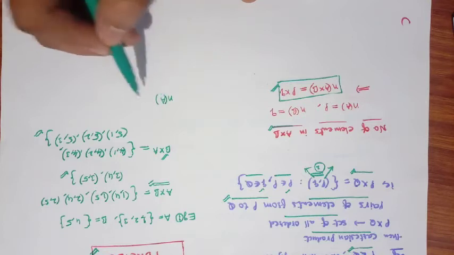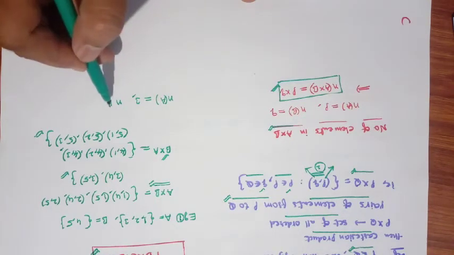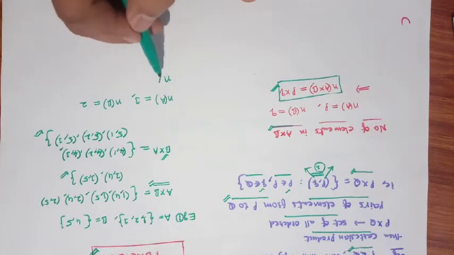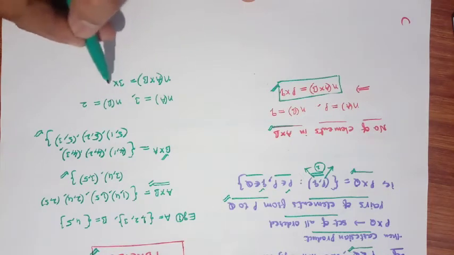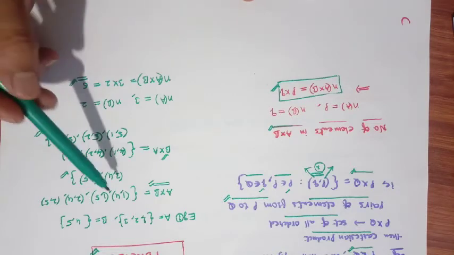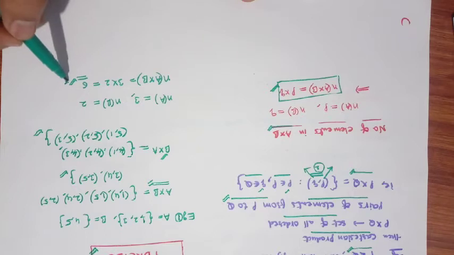From the first example, the number of elements in A is 3, the number of elements in B is 2, and the number of elements in A cross B is 3 into 2, totally 6 elements: 1, 2, 3, 4, 5, 6. So 6 elements are going to be coming here.